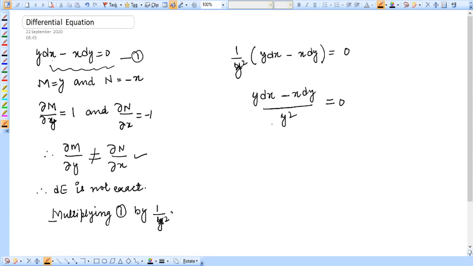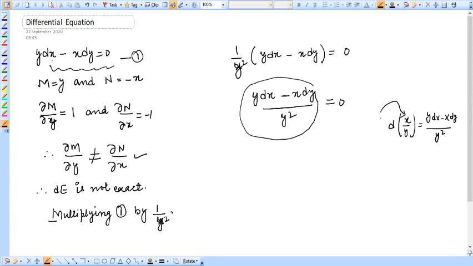Now you see, we saw in earlier videos that d of x over y is equal to, using the quotient rule, (y times the differentiation of x minus x times the differentiation of y) over y square. And therefore this equation is exact now, because we are able to find some u, x over y, such that the exact differential is equal to this equation.